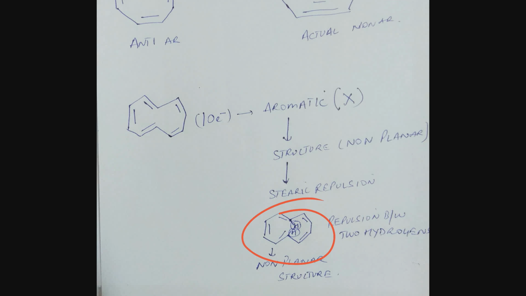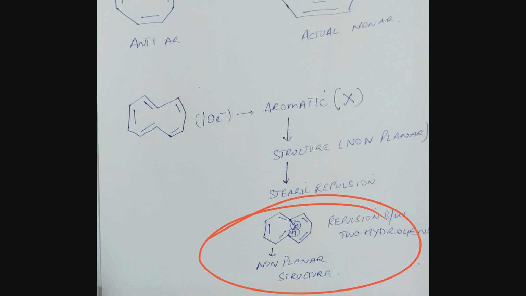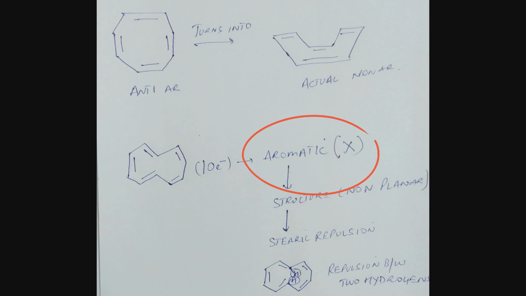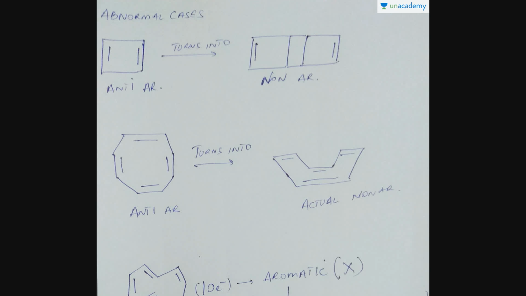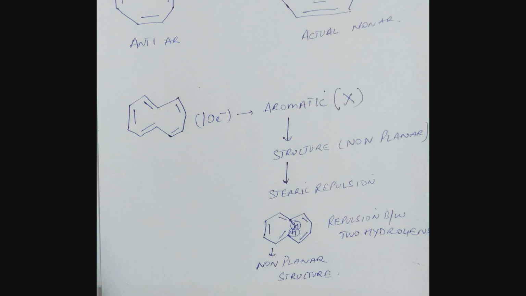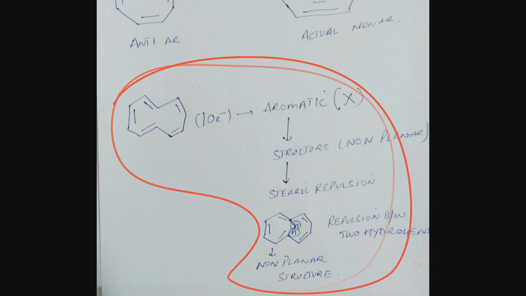If the molecule is non-planar, there will be no resonance, and it will not show aromaticity. So ultimately, not every time will the molecule benefit. There are some compulsions for it to convert from aromatic to non-aromatic. In the earlier cases the compounds were getting stabilized, but in this mischievous case the compound is actually at a disadvantage. So this was it for resonance.